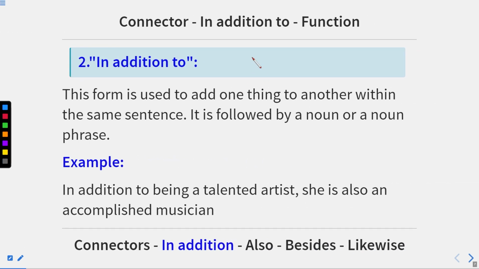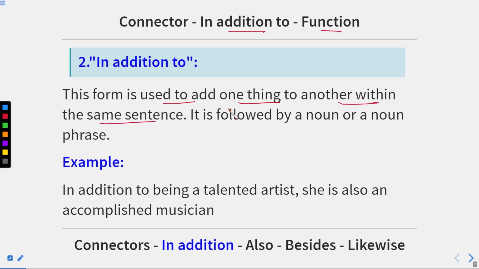Now, in addition to, so here we are going to discuss the in addition to function. Now, this will differentiate it from in addition just because of the preposition to over there. This form is used to add one thing to another within the same sentence. As we have already seen in the structure of an in addition sentence, after the full stop we had in addition and then we have the other information.